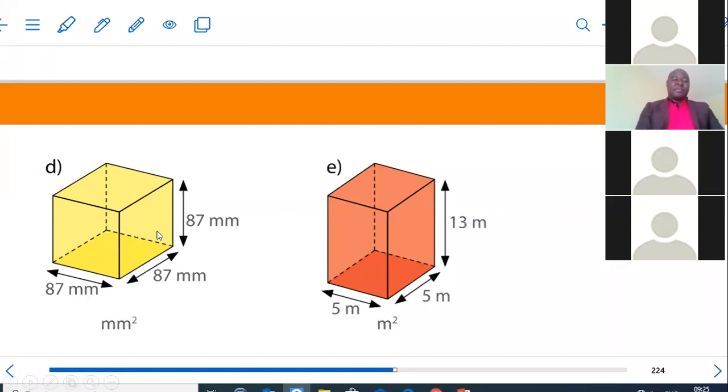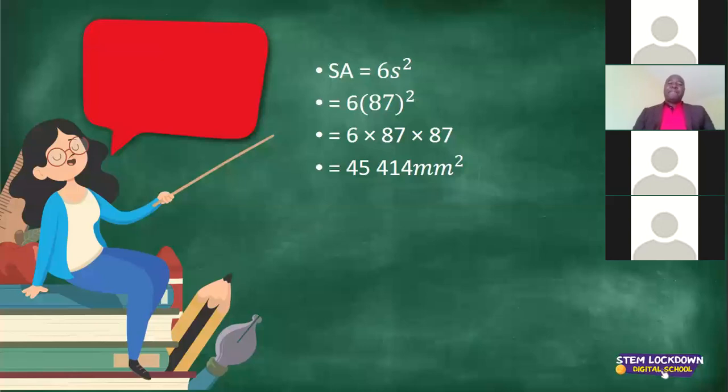That is the prism that we're talking about, the rectangular prism where the arrow is now. We are calculating the surface area of this prism, also known as the rectangular prism, but this one is a cube because all sides are equal. As I've said, you multiply 87 by 87, and thereafter you multiply the product by 6.